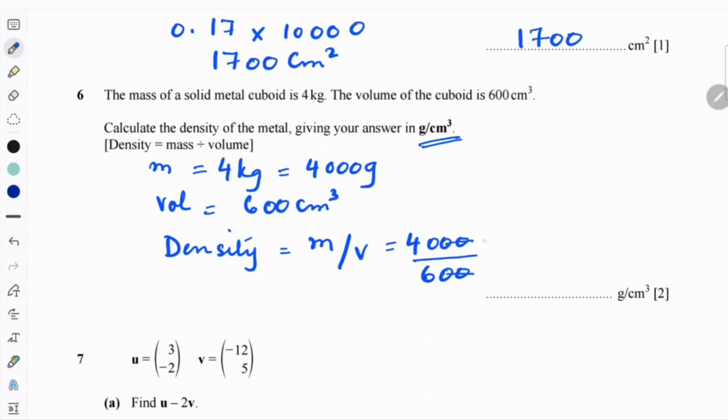Cancel the zeros: 40 over 6, which equals 20 over 3. 20 over 3 is 6 and 2 over 3, a recurring decimal, so you don't write it in decimal. The complete answer is 6 and 2 over 3 grams per cubic centimeter.